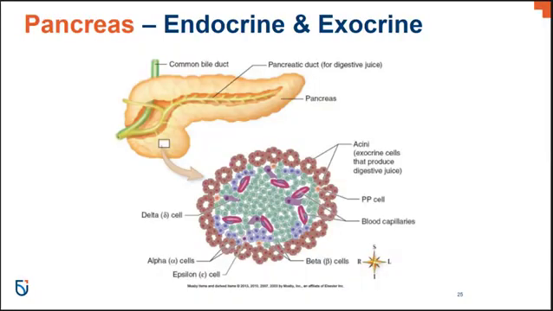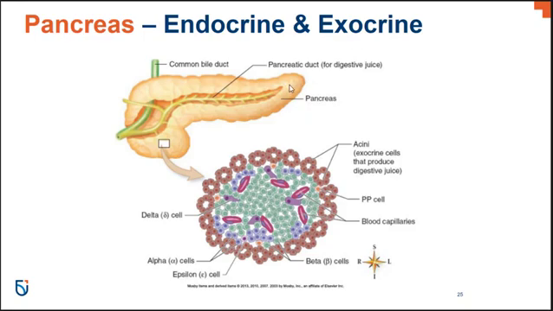Now we'll talk about the pancreas, which is this elongated gland that weighs up to 100 grams. If we look closer at the tissue that makes up the pancreas, you would note that it has both endocrine and exocrine tissue as part of it, which makes it a very unique gland. Exocrine glands are glands that produce a substance that is released via ducts directly and locally.